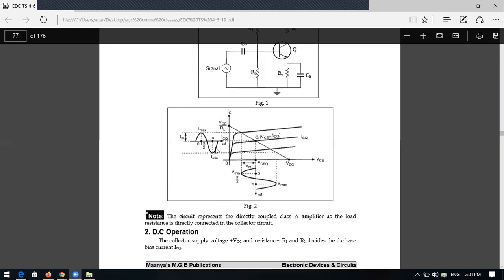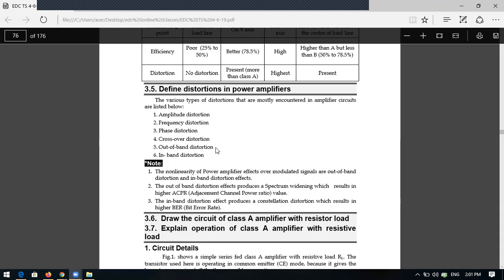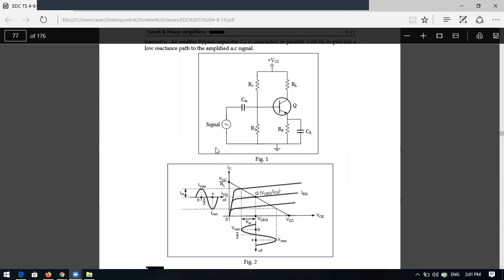Whether the class A power amplifier has distortion? Yes or no? No, sir. What is the reason there is no distortion present in class A? What is the meaning of distortion? Sir, less efficiency.